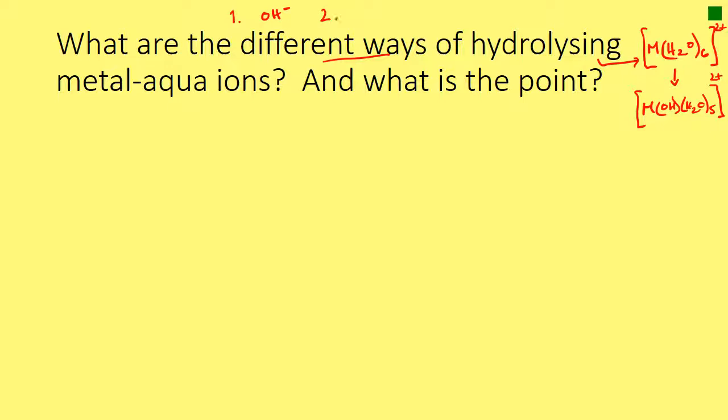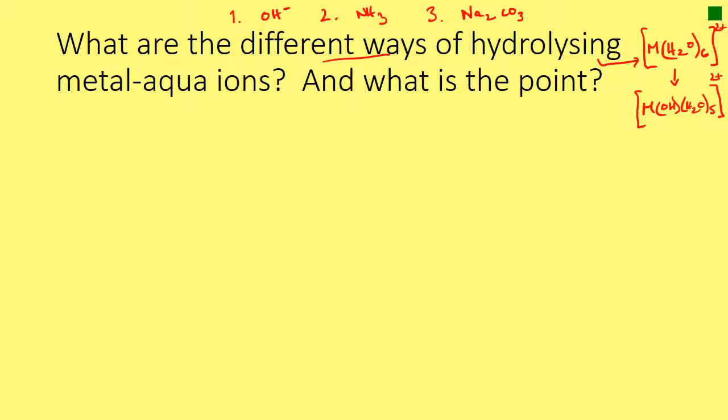And the second way is we're going to add ammonia. And the third way is we're going to add sodium carbonate. So there are three different ways of hydrolyzing metal aqua ions.